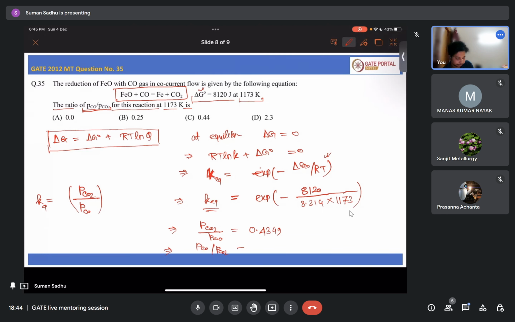G of FeO will be G naught of FeO plus RT ln activity of FeO, right? This you know, right? Yes, sir. And then again G of CO will be G naught of CO plus RT ln activity, like this.